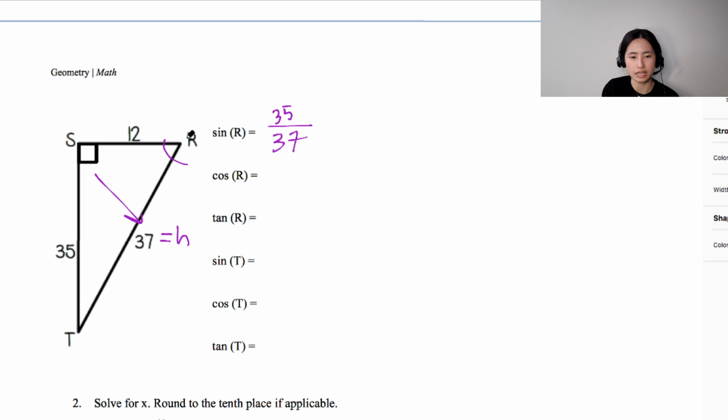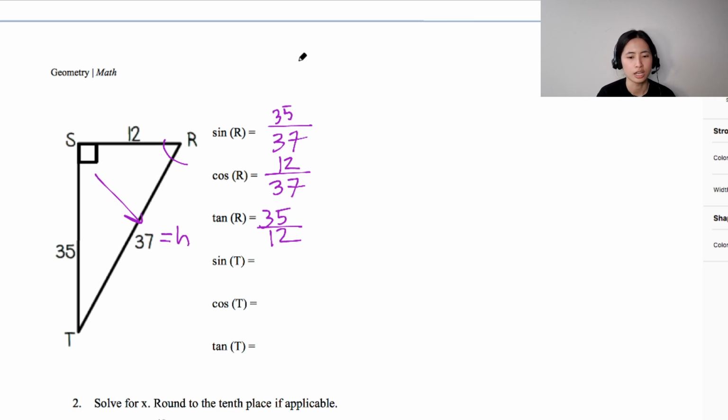Cosine r is adjacent side, so that would be 12, and then you have 37 as your hypotenuse, because cosine is adjacent over hypotenuse. And for your tangent r, you have opposite, which is 35, over adjacent, which is 12. You can't simplify any fraction here.